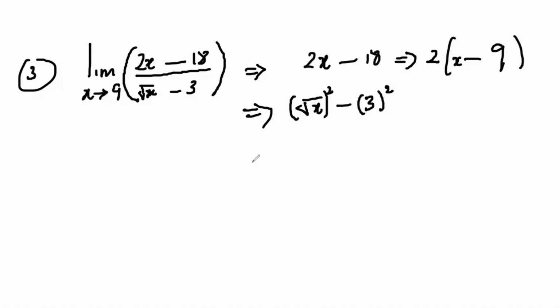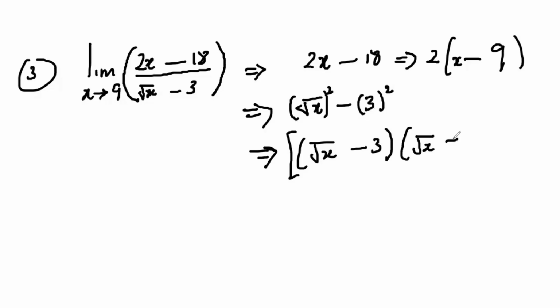So nothing changes here. So this now fits exactly the difference of 2 squares. In a square bracket, I put my difference of 2 squares. Open a bracket, I have the root of x minus 3, close bracket. Then I have the root of x plus 3, close bracket. So this is my difference of 2 squares.